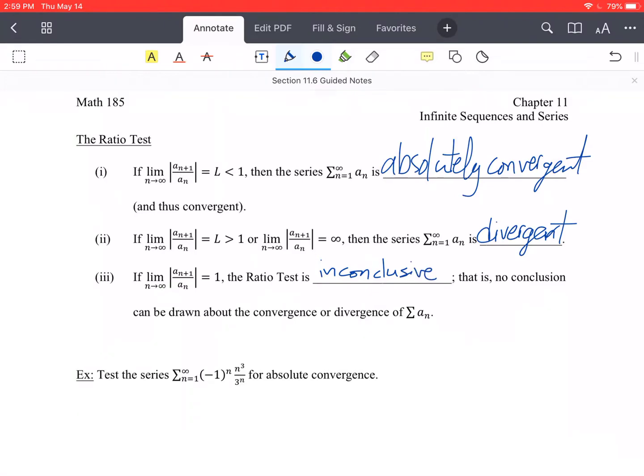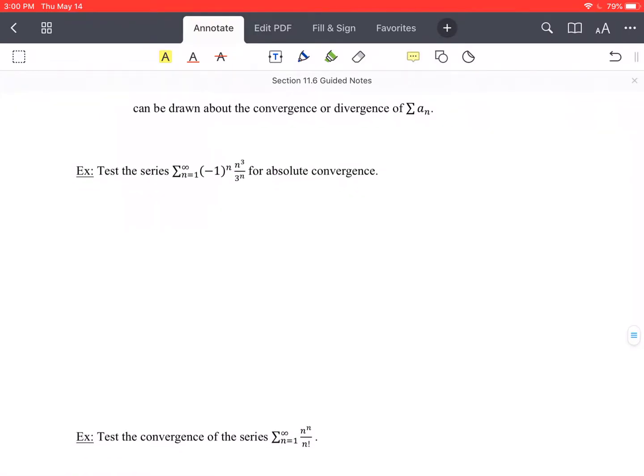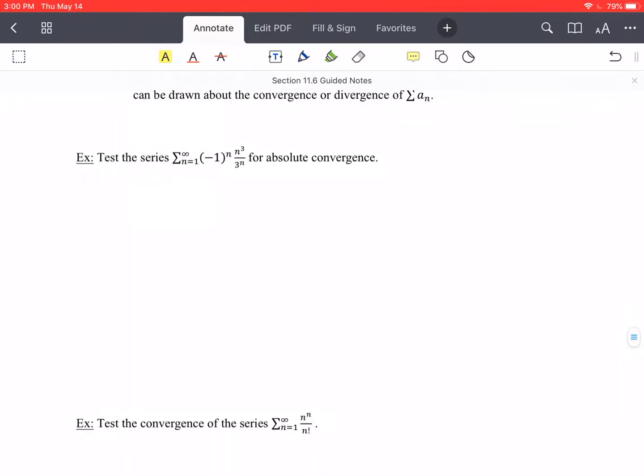That is, no conclusion can be drawn about the convergence or divergence. So if the limit is less than 1, it's absolutely convergent, so convergent. If the limit is greater than 1, it's divergent. And if the limit equals 1, then the test doesn't really tell us anything. Okay, so let's use this to try a couple examples.